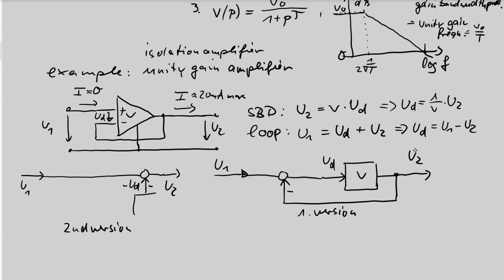So I have a block with 1 over V, and the input is U2. This is the first version, this is the second version of the signal block diagram of an operational amplifier circuit where the output is directly connected to the negative input.